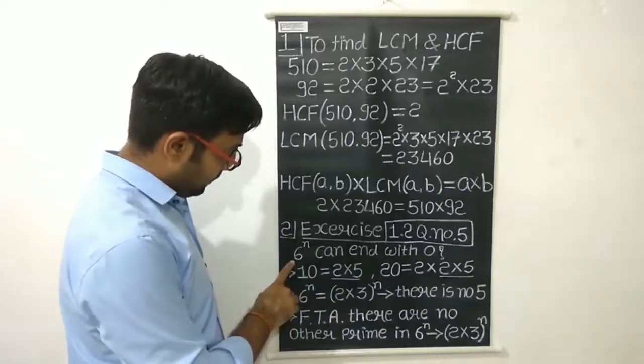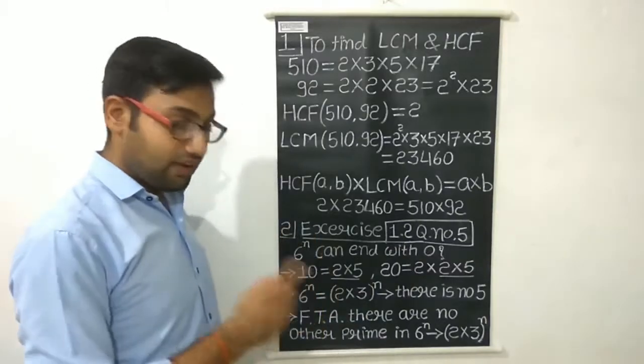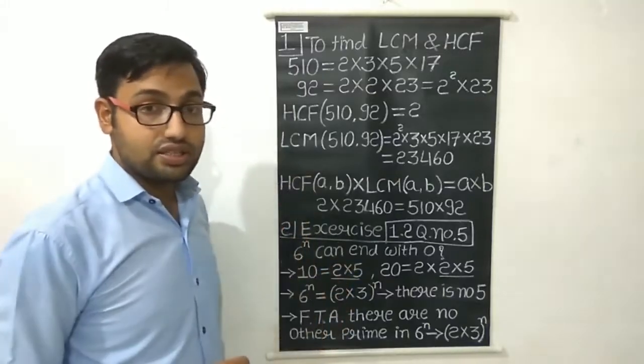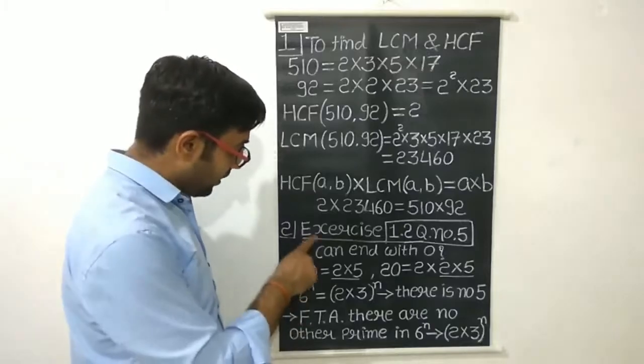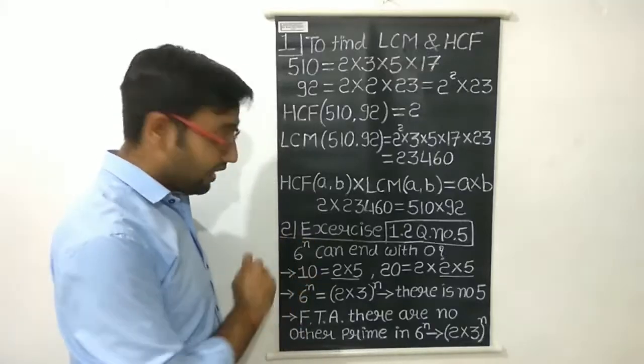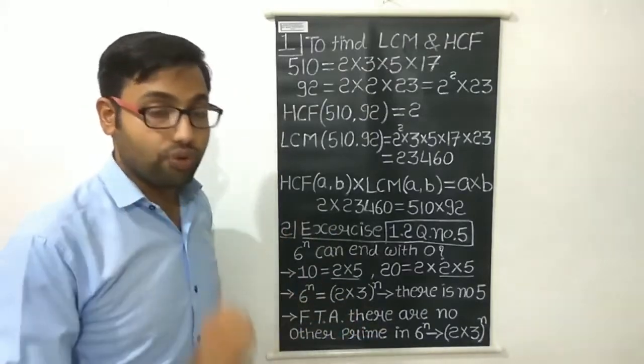That means, suppose we take 6 raised to the power 3. Can we get that number 6 cube which has a last digit of 0? So we have to find such a value of n that the result has end digit 0.